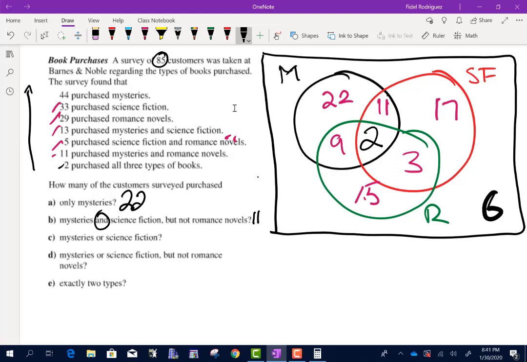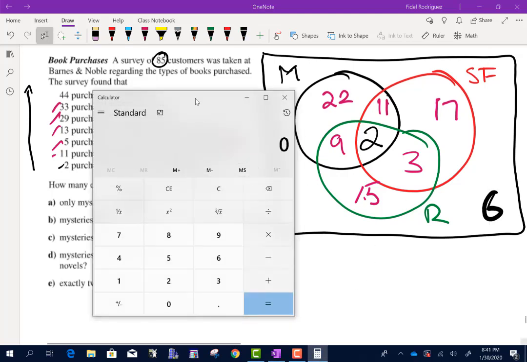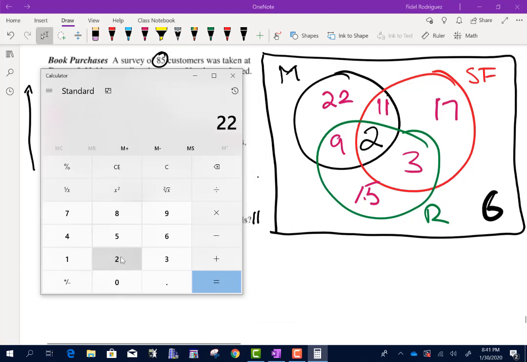Okay? Now, mysteries or science fiction, let's take everybody in this first circle, in the black circle. Let's take everybody in the red circle. Let's add them together. So let me do that first. Let's clear this out. So I'm going to take 22 plus 9 plus 2 plus 11 plus 3 plus 17.